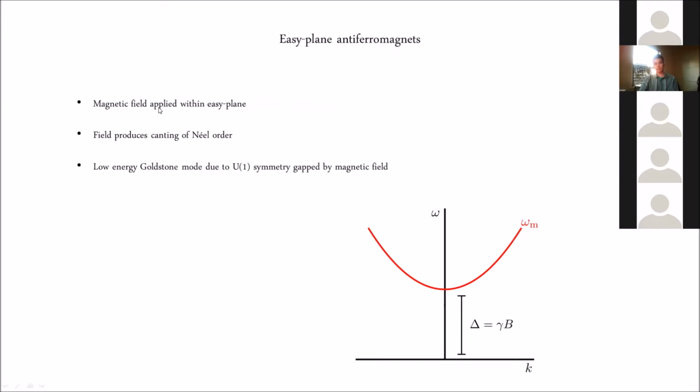So we have an easy plane antiferromagnet with U(1) symmetry in the easy plane. There's a high energy mode associated with rotation of the Néel order out of the plane, but we're going to be looking at very low temperatures, so we can neglect that mode. There is a lower energy mode, which is the Goldstone mode associated with Néel vector rotation inside the easy plane, and that is gapped by magnetic field.